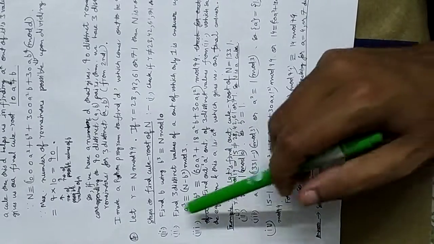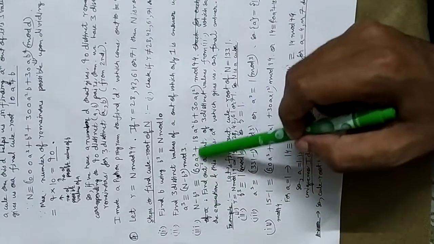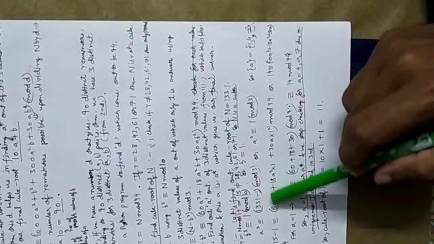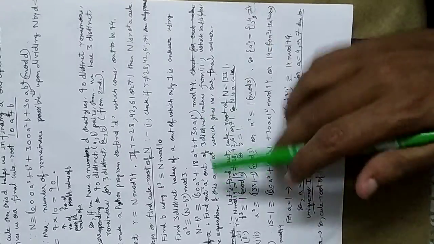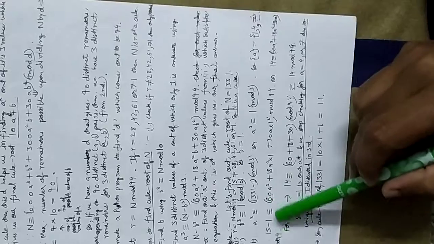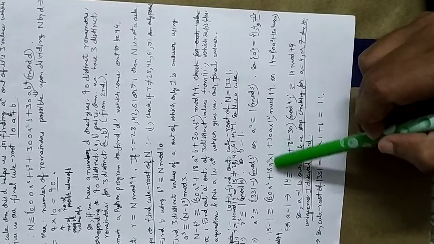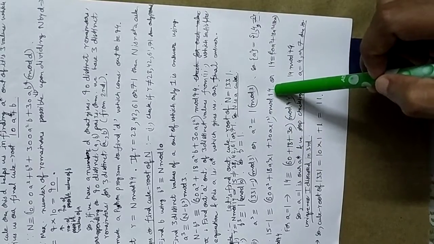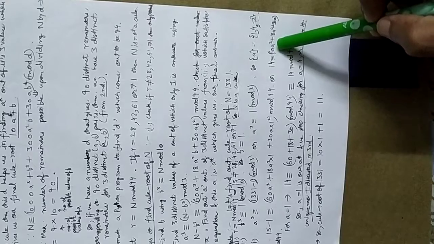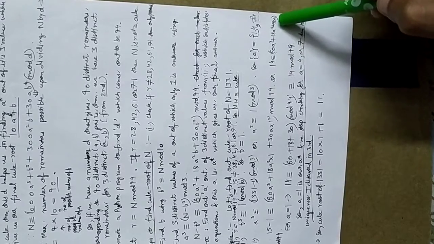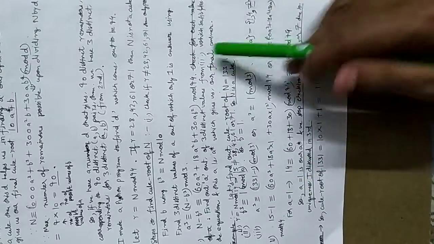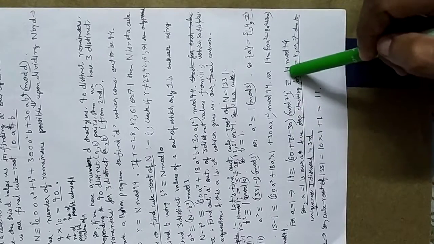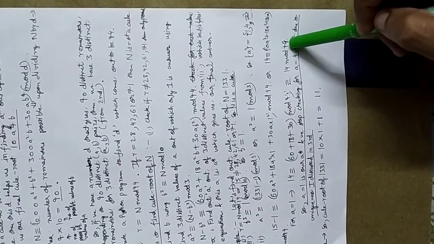Now our fourth step. We have got a equal to 1, 4, 7, so we will put them one by one to check which one satisfies the equation. 15 minus 1 is congruent to 60 a cube plus 18 a square, b was 1, so 1, plus 30 a b square, so 1 square, mod 94, or 14 congruent to 60 a cube plus 18 a square plus 30 a. So first we put a equal to 1, we get 14 congruent to 60 plus 18 plus 30, which comes out to be 14 upon division by 94.